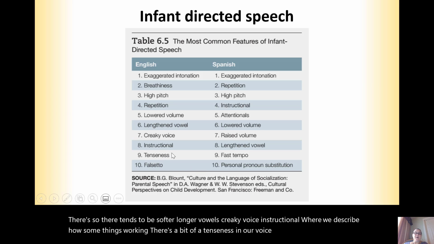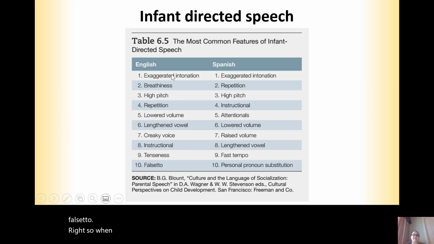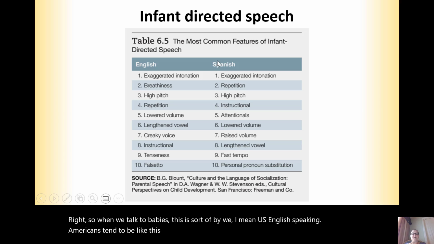We go falsetto, right? So when we talk to babies, by we, I mean us English speaking Americans tend to be like this. And if you happen to be bilingual or maybe brought up in a Spanish speaking household, your infant directed speech might be just slightly different.